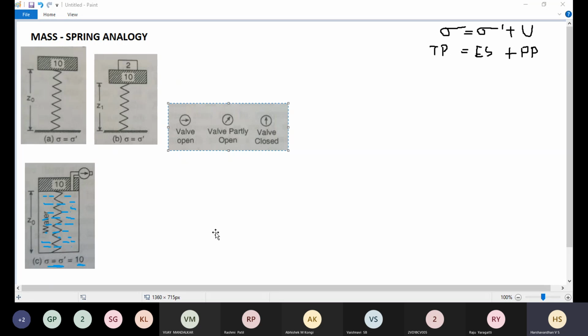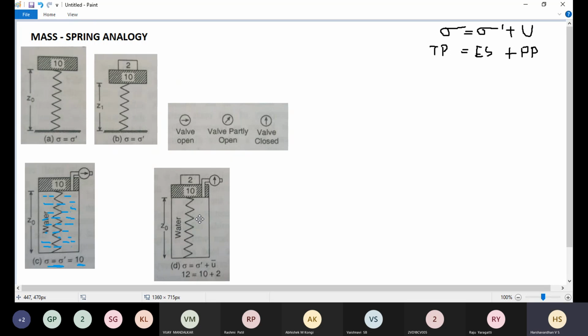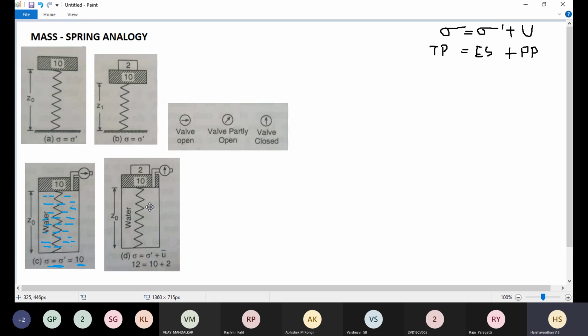Now next I will add 2 more extra units. I'll close the valve and I will add 2 more extra units of weight.